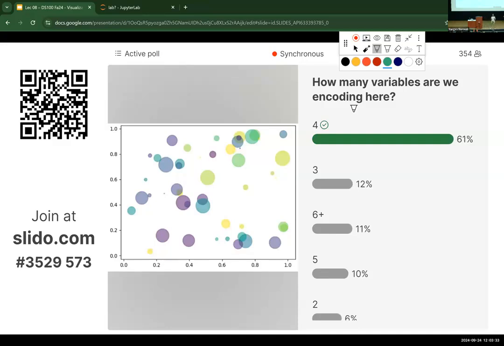So the question was, how many channels are being used, or how many variables are we encoding in this plot?